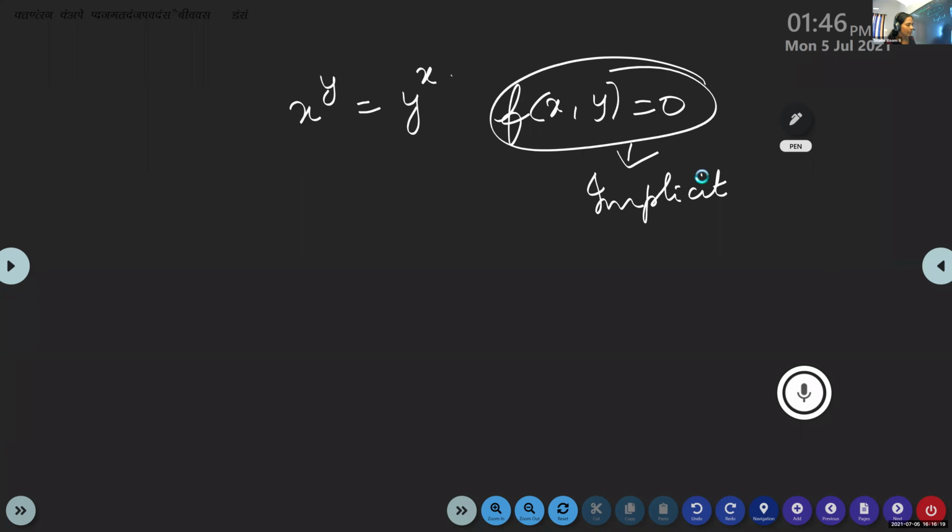Here y is already there, so no need to rename it as y. That is the main difference. Whenever we differentiate y term, we should write its derivative. What's the derivative of y? Ashwin.